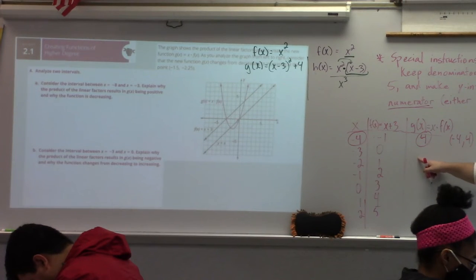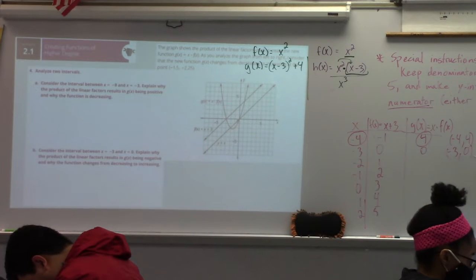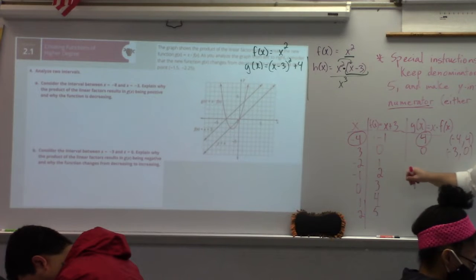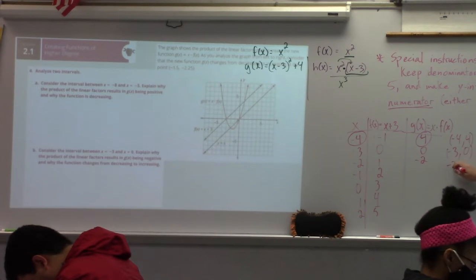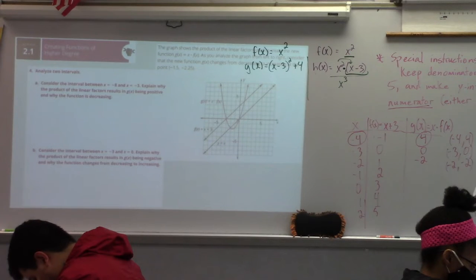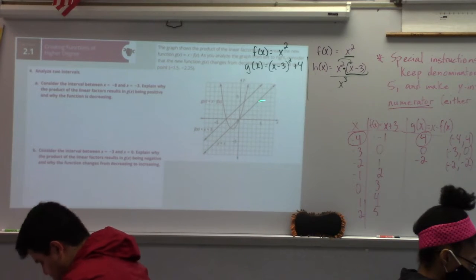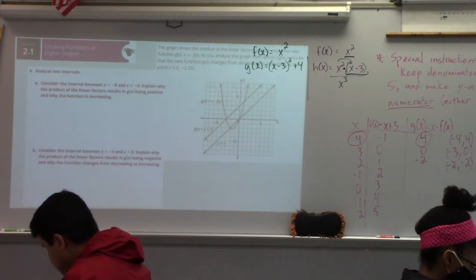G of -3. 0. 0, right? So we have the point -3, comma 0. And then -2 times 1 is -2. So -2, -2. So remember, we use that table to help us organize our information. Do we remember doing this last week? Yes. We good? So remember, you can do this just graphically, but the table does help.